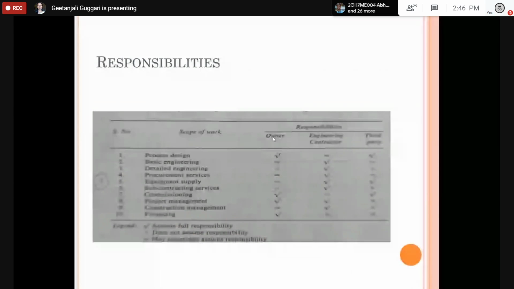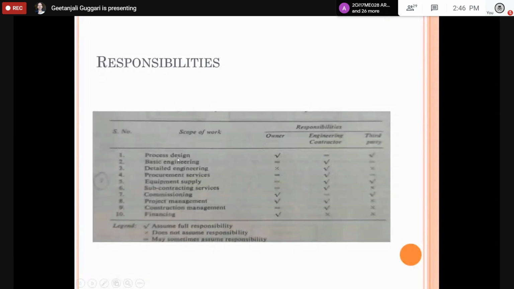So in that case, for the process design, who is responsible? Here you can see it very clearly. For the process design or the design of a project, the owner himself is responsible for the process design of the project.